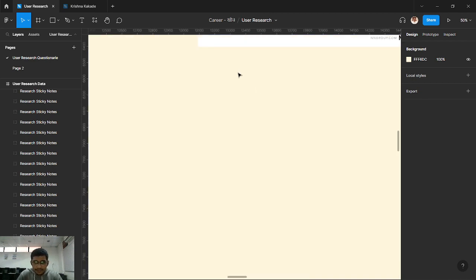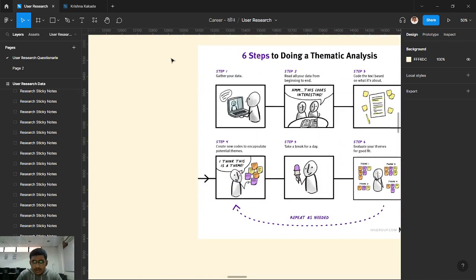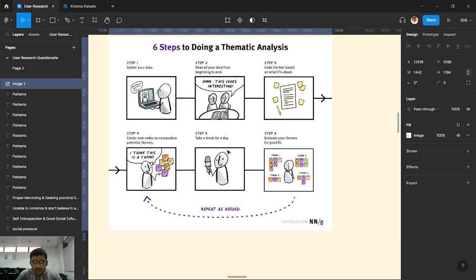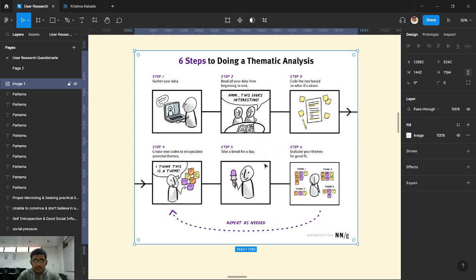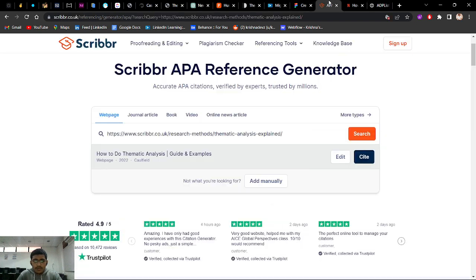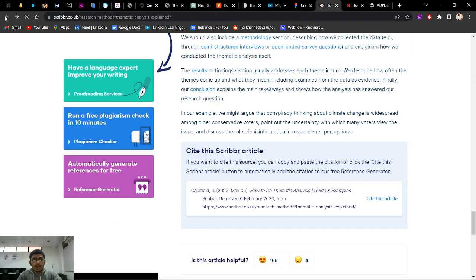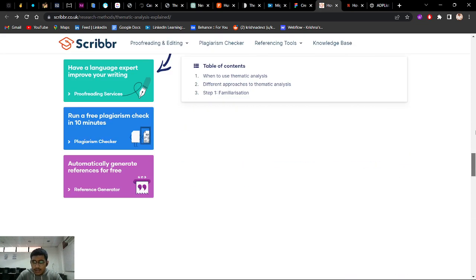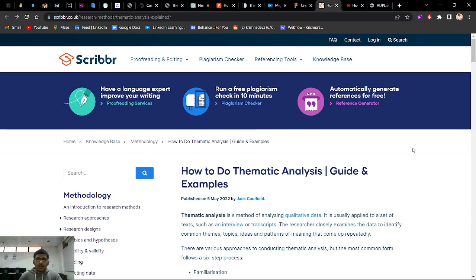I'll include the link to this article, and there is another article too. I will link these articles related to thematic analysis in the description, and you can find examples of how to do it in those links.